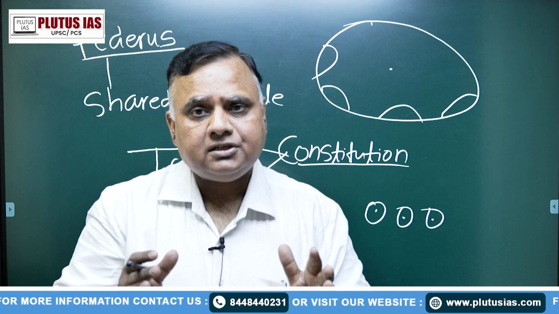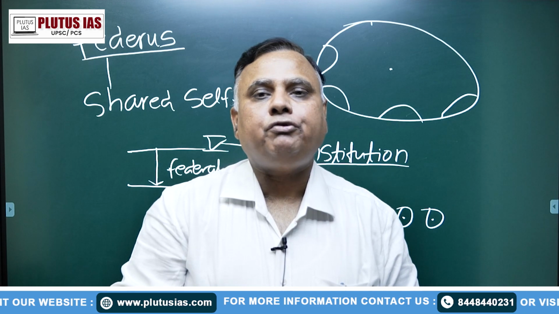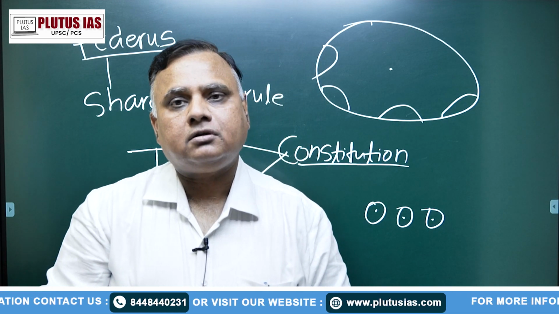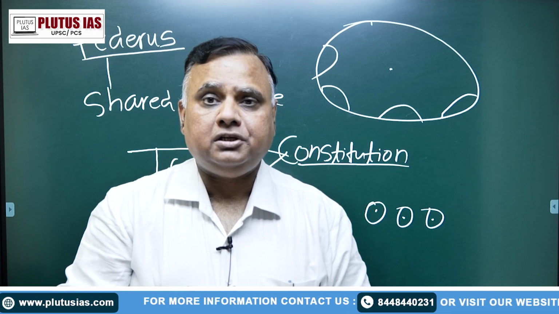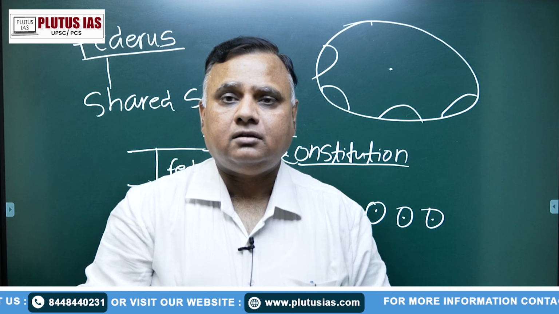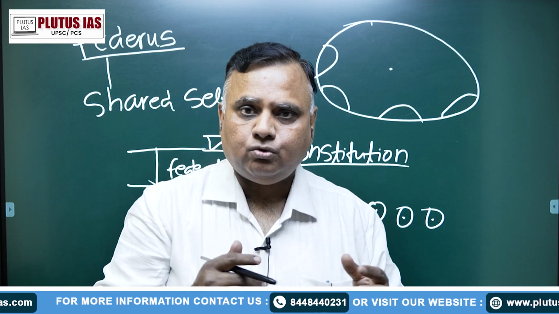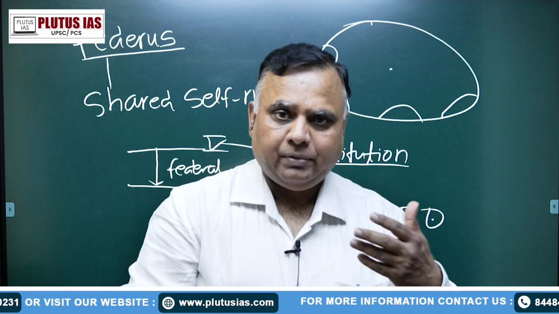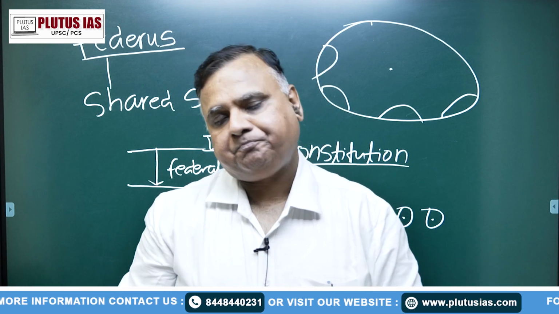But most of the large democratic countries follow federal polity to address and accommodate regional aspirations, to ensure regional self-rule, to ensure that they are in the mainstream, and to ensure that the benefit of remaining together is far more than the cost of remaining separate.